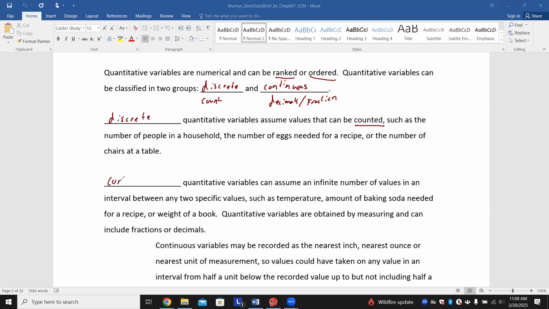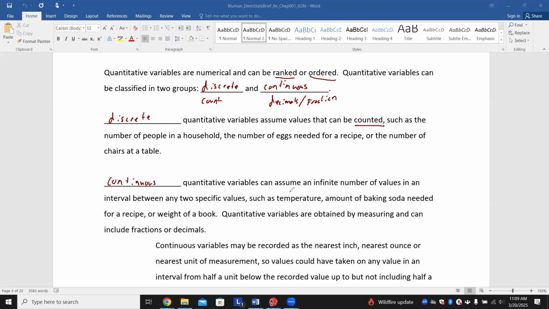A continuous quantitative variable can assume an infinite number of values in an interval between any two specific values, such as temperature, amount of baking soda needed for a recipe, or the weight of a book. These things can change by the decimal.